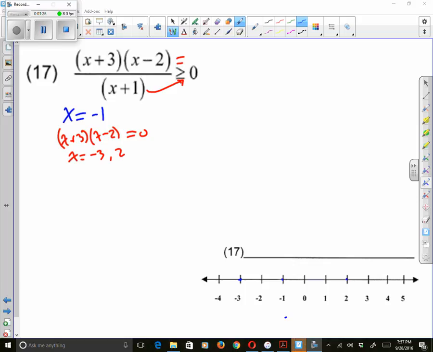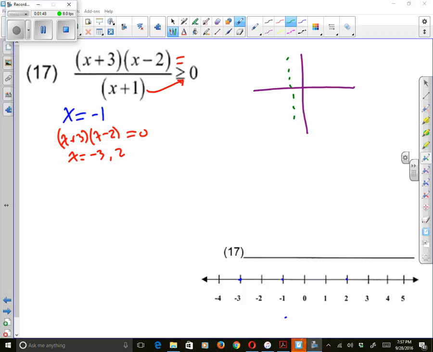Now, again, if you really wanted to, you could sketch this graph, put your asymptote here at -1. You could plug in 0 for x and find out that it's got a y-intercept at 3 times -2 is -6, divided by 1 is -6.